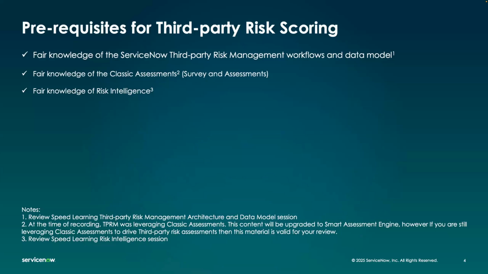I encourage you to take some time to review those resources before taking a deeper look at the risk scoring. In addition, having a general understanding of risk intelligence or external monitoring will come in handy. This is because risk intelligence plays a key role in influencing the risk scoring.